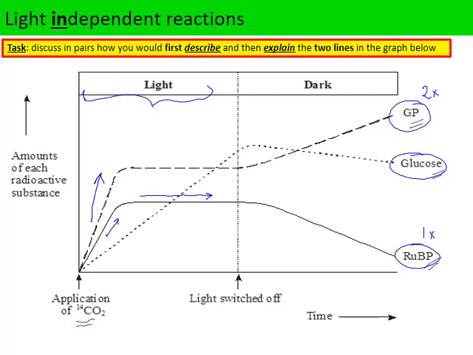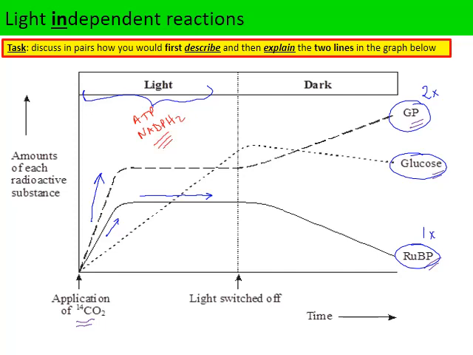Now, we would think ribulose bisphosphate, because it's being used in CO2 fixation, that the levels would decrease in the light. However, because G3P is being made, we know G3P in the presence of ATP and reduced NADP from the light dependent stage, they're available.